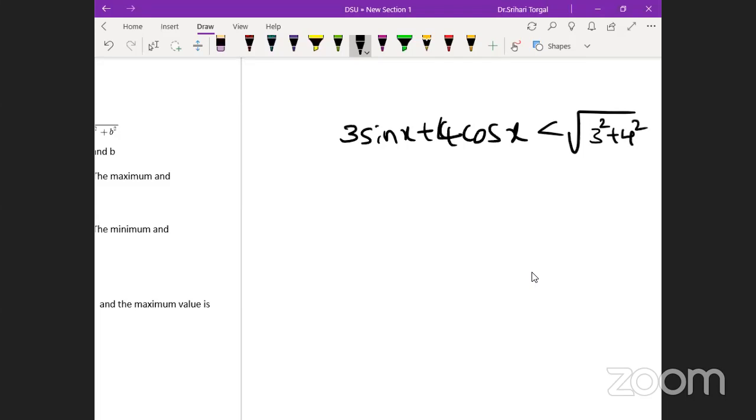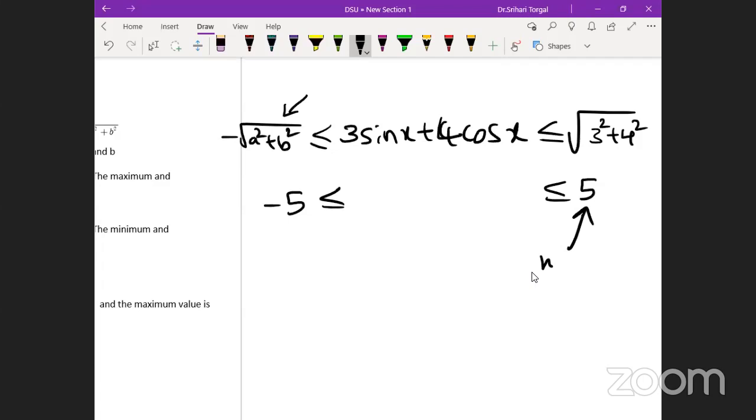The Pythagorean triplet, that is 5. So the maximum will be 5 here, and the minimum value will be minus 5. That's it. This will be minus root of a square plus b square, the minimum value of that function. If 3 sin x and 4 cos x are there, root of 3 square plus 4 square gives you the maximum value, and minus of it is the minimum value.